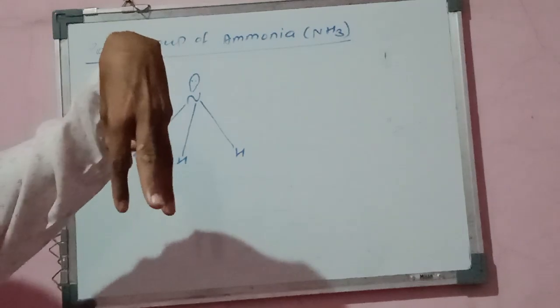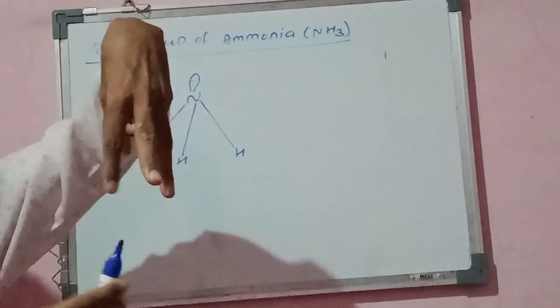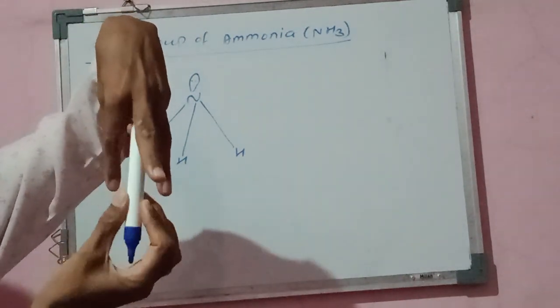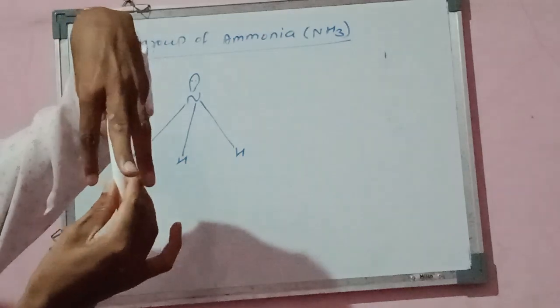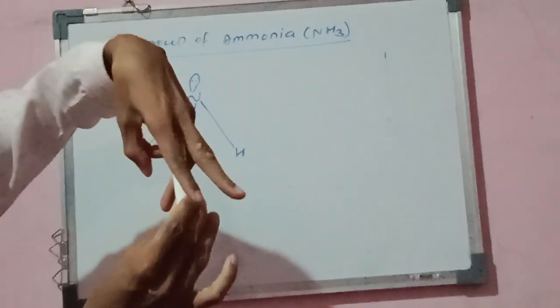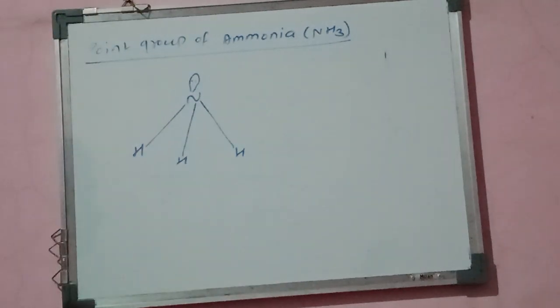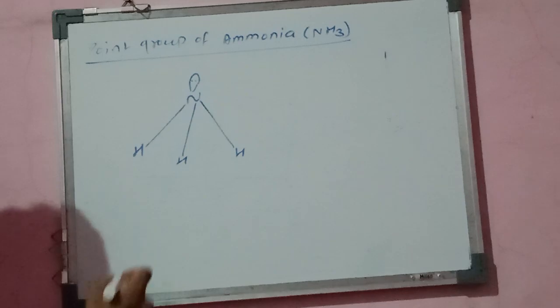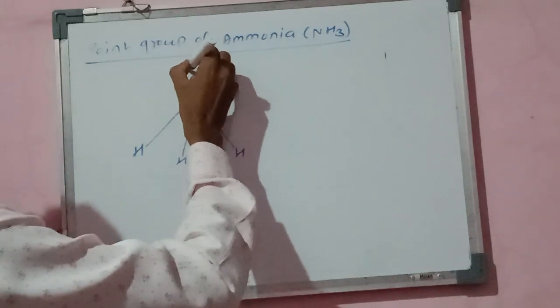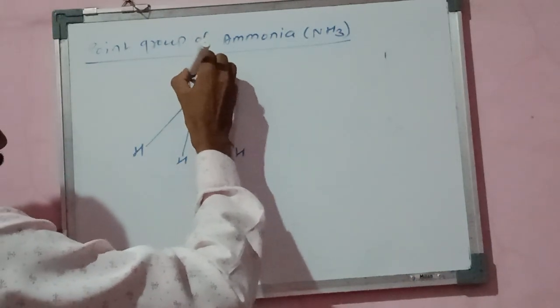We can rotate this molecule if we pass the axis. Suppose this is the axis, then we can rotate this molecule through 120 degrees, then again 120, and again 120 degrees. We will get a symmetrical structure, means having one principal axis.